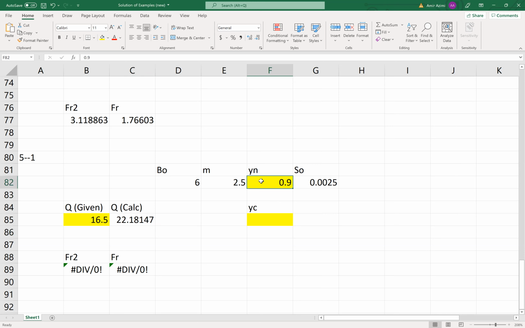So 0.9 still is high, 0.8 getting close, 0.7.